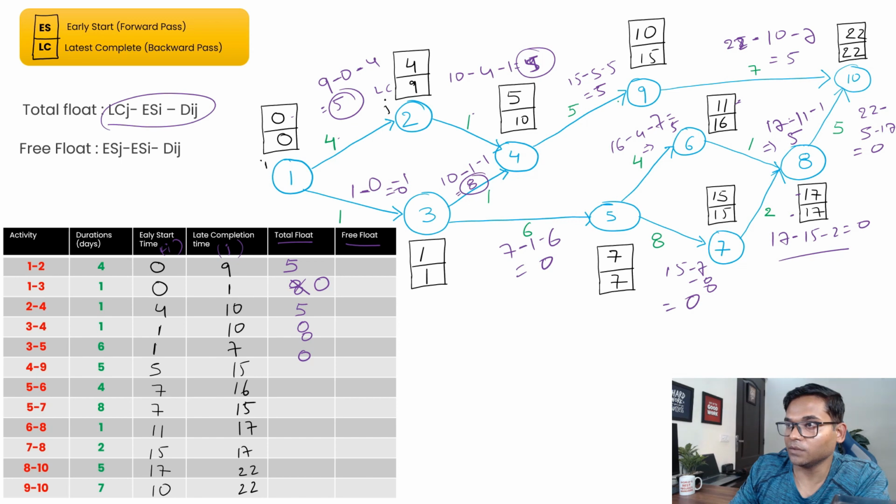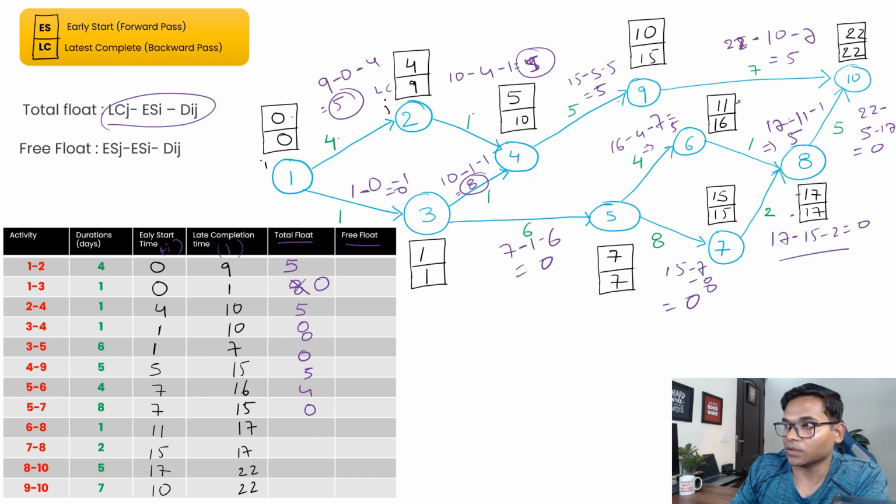4 to 9, where's the 4 to 9? 4 to 9 is this one, 5. Okay, then 5 to 6, this one, 4. 5 to 7, 0.